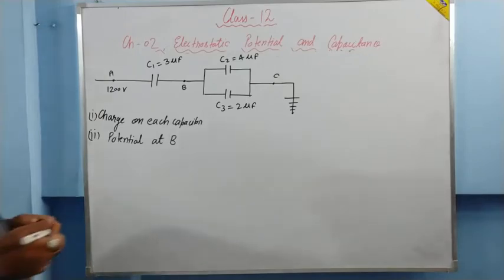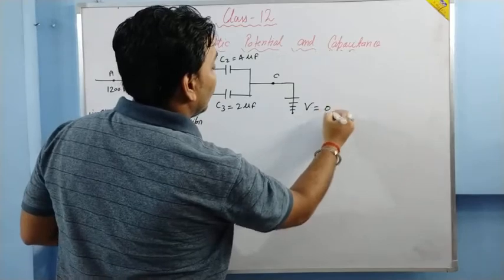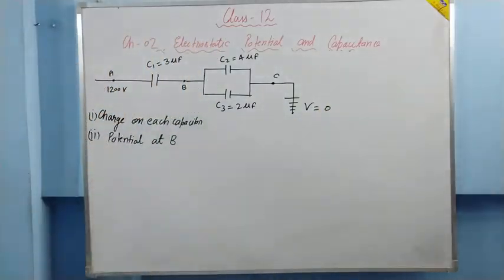Now this particular part of the circuit is earthed, and therefore potential at these points will be 0. Whenever a part of a circuit is earthed, we have to take potential at that point as 0, because we consider earth a conductor of very high potential.